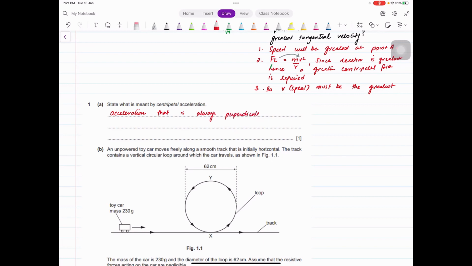Writing perpendicular is essential because it defines circular motion acceleration.